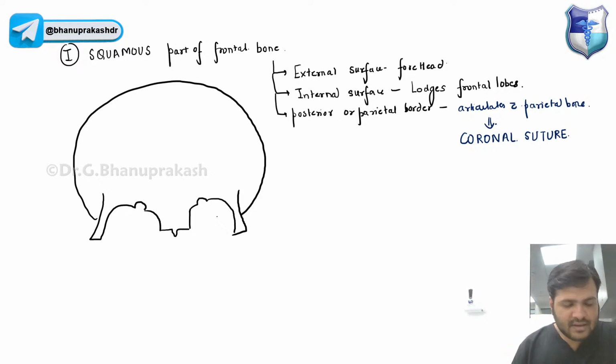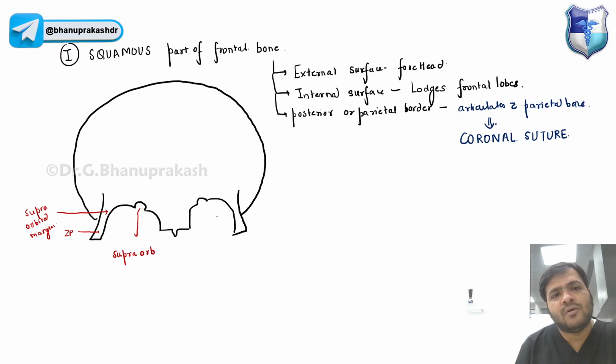Very good. Now, guys, over here, this is the zygomatic process which I have drawn, and this is the supraorbital margin. You can very well appreciate that this is the supraorbital foramen.